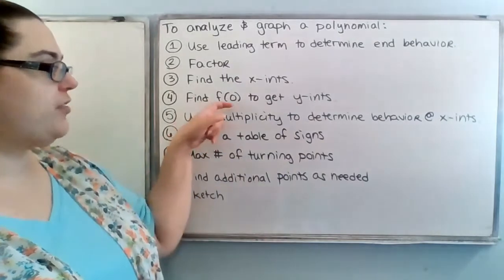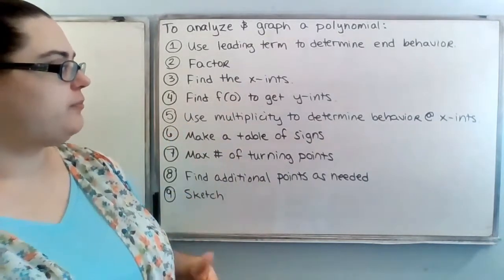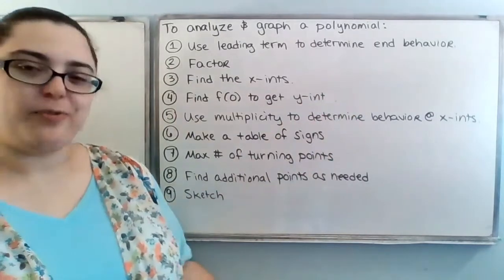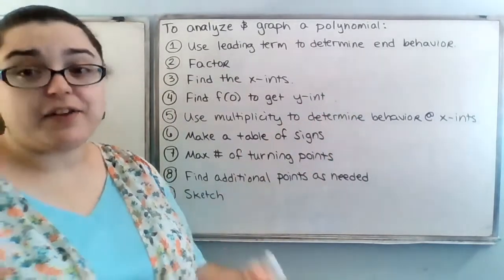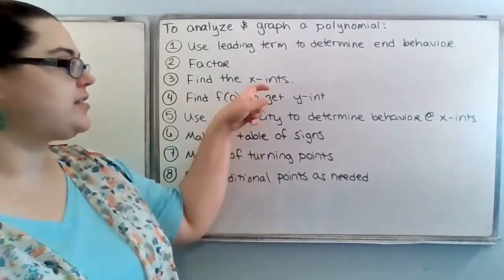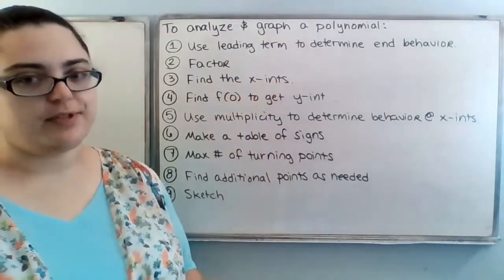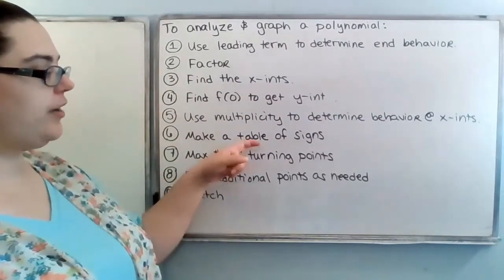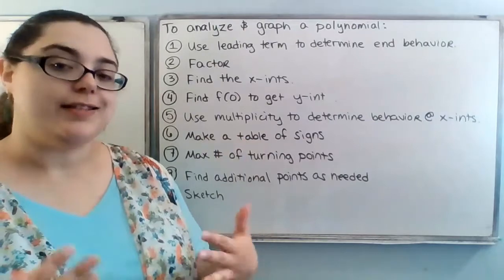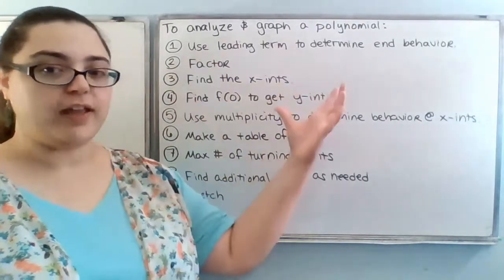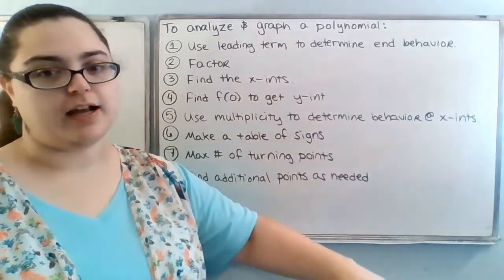I also like to find the Y-intercept. There's only one Y-intercept. I don't know why I made that plural. So I also like to find the Y-intercept so that I have another point to kind of ground me in the graph. So I have the X-intercepts and I have the Y-intercept. Now I'm going to use everything I've determined so far to create a table of signs. The table of signs is going to help me determine where the function is above the x-axis and where it's below the x-axis.